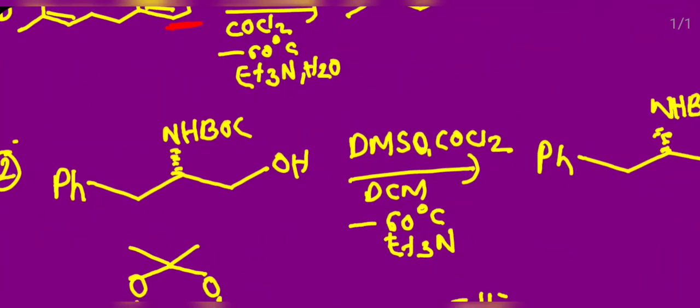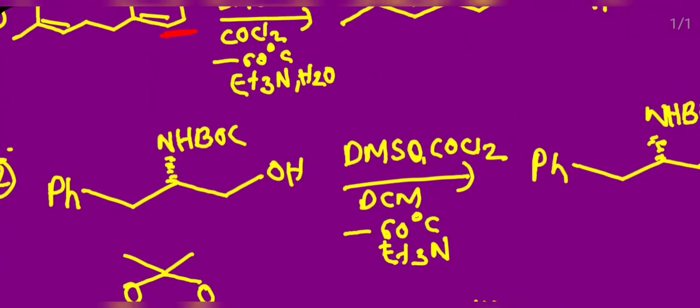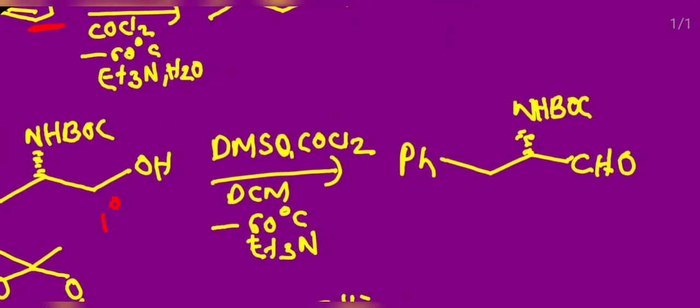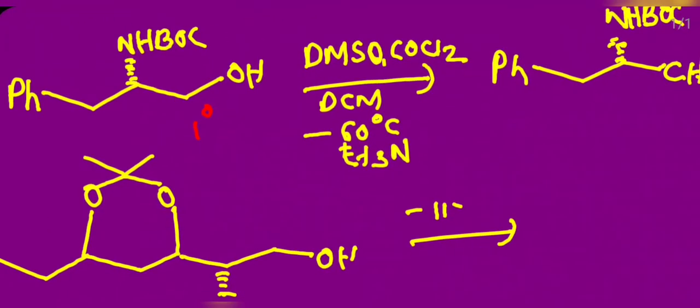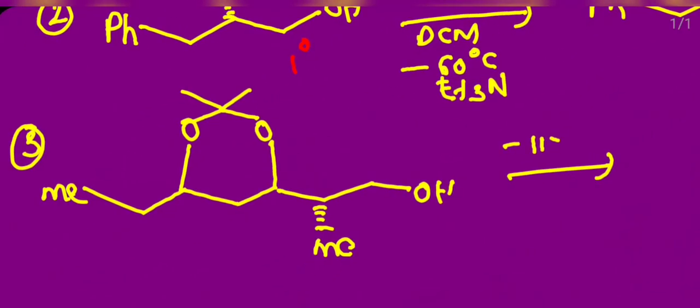Now see the next example. Here again the alcohol is primary, the reagents are the same. The product we get is the aldehyde, that is, primary alcohol to the aldehyde. In the second example, similarly, there is also a primary alcohol. Then what will be the product? In place of the primary alcohol, you will get the aldehyde as your product.